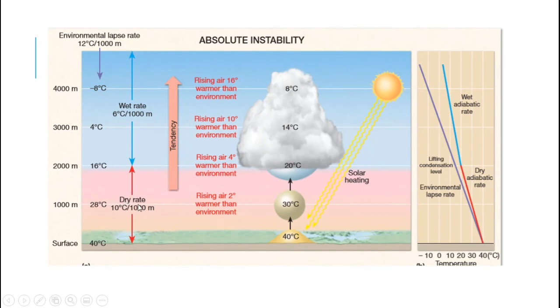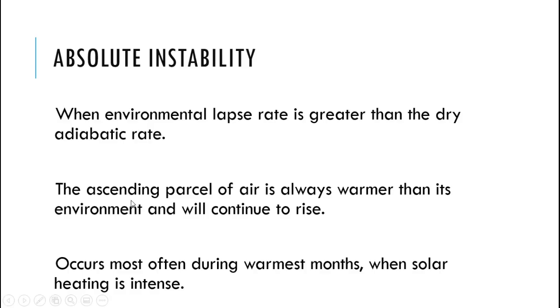And then the adiabatic dry rate is 10 degrees Celsius per 1,000 meters. So you can see that this is higher compared to this. That's why we have absolute instability. Another one, the ascending parcel of air is always warmer than its environment and will continue to rise. It occurs most often during warmest months when solar heating is intense.